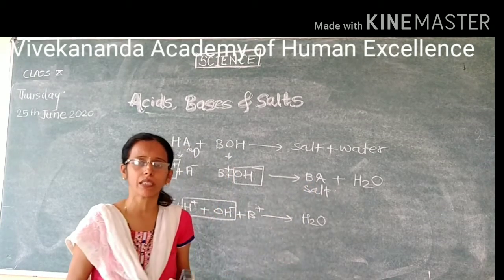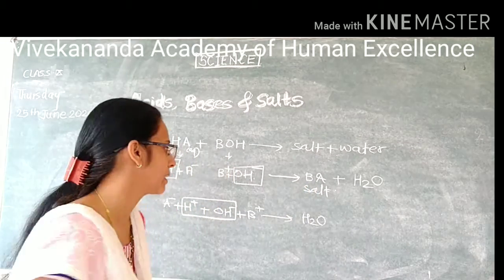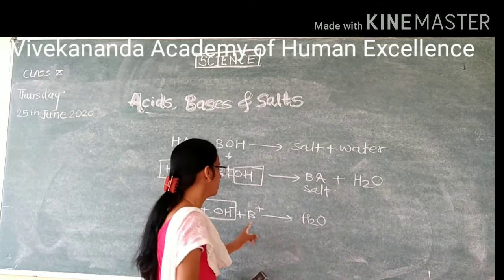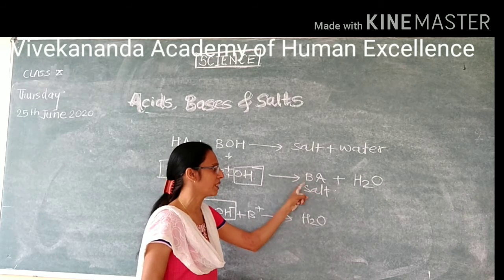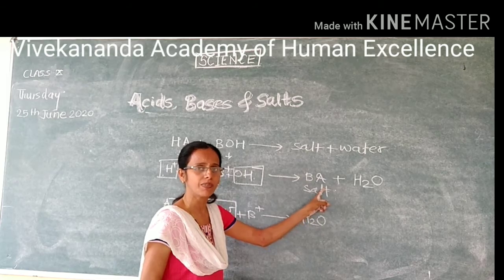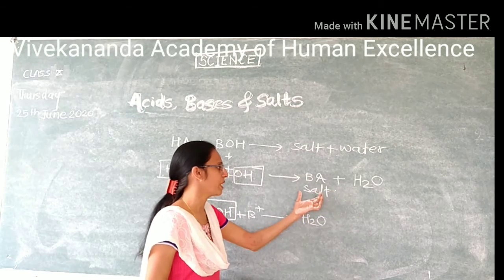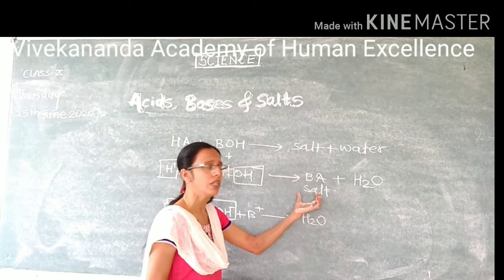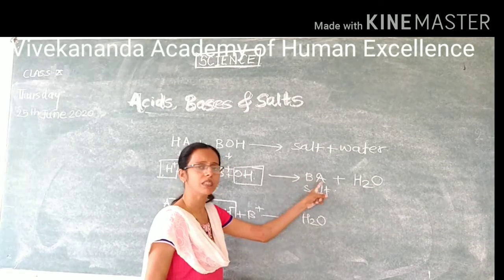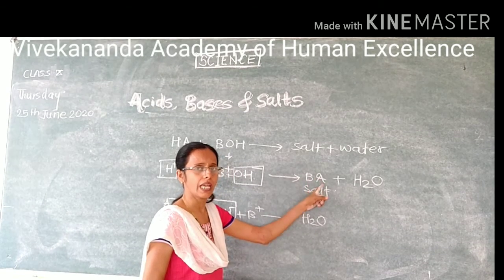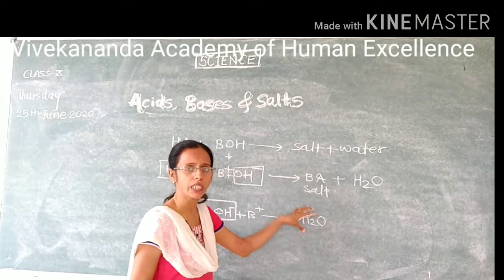Generally, when we write the formula for a compound, the positive ion of the compound is written first and the negative ion afterward. Therefore, after combination of positive and negative ion, we get the compound written in the form B plus A minus, that is BA. This is the general formula for the salt.